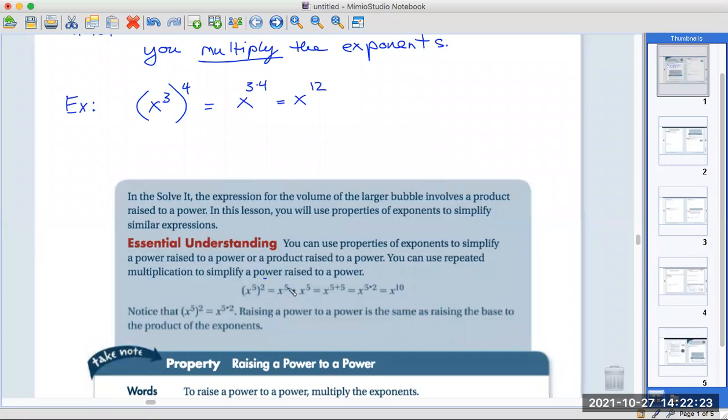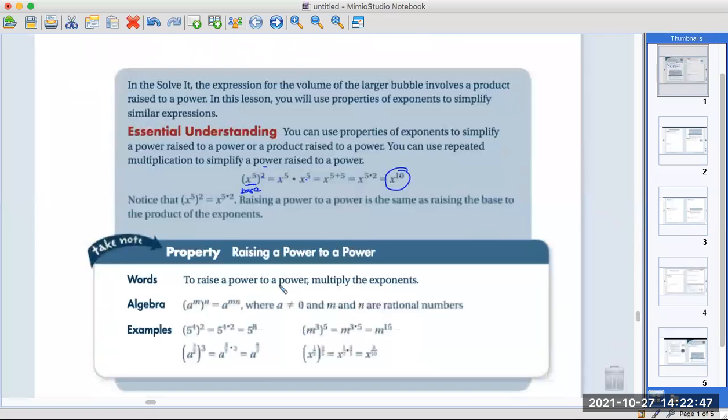So you have x to the power of 5 times x to the power of 5, because remember, the power tells you how often to multiply the base. Now this is the base, and the base is x to the 5. And you would add these exponents because you're multiplying 2 powers, and that would be x to the 10. 5 times 2 is 10. Okay, so that gives you an explanation.